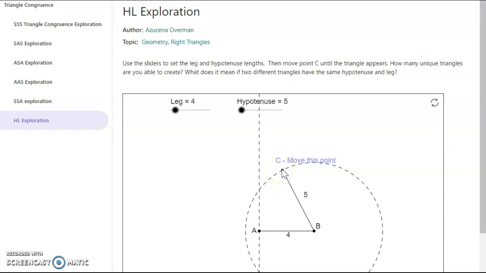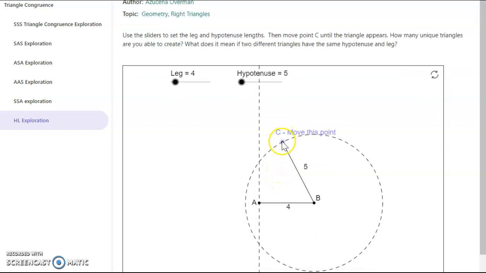That means I need to move this until I form a triangle, and that is the only triangle I could possibly form. Okay, I could form another one right here, but that's exactly the same triangle, isn't it? Because they are just a reflection of one another. So this does turn out to be a valid congruence rule.